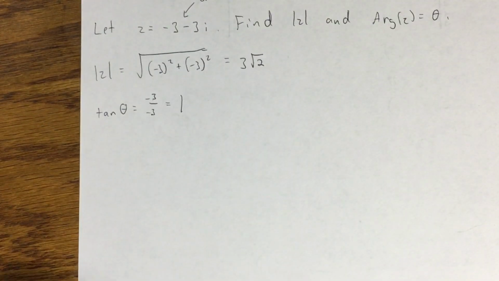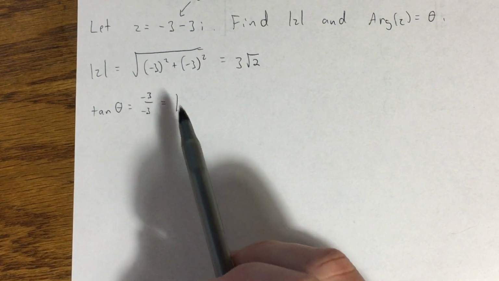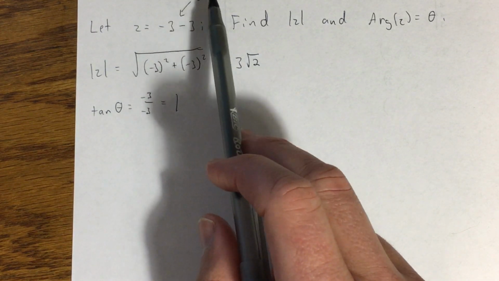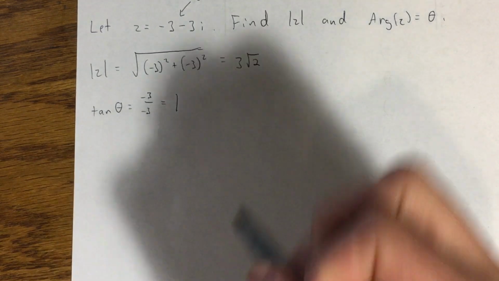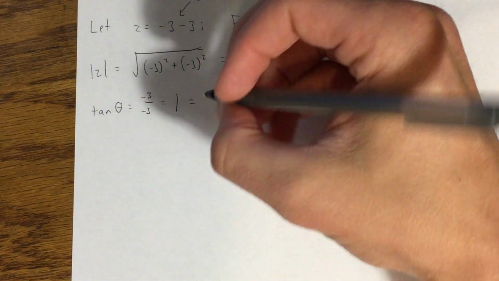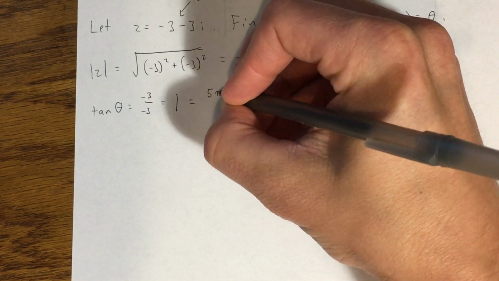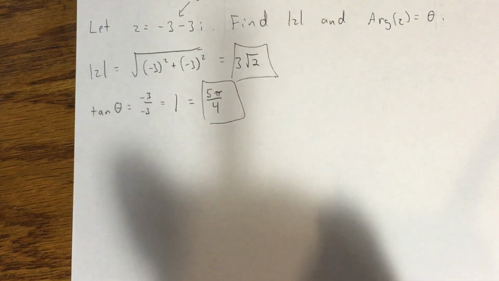Both x and y, or the real and imaginary parts, are negative here. So that being the case, pi over 4 is not correct. We've seen that if we're in the wrong quadrant when taking an inverse tangent like this, you can add pi to your answer. So this would be equal to pi plus pi over 4, which is 5 pi over 4. And that gives me my magnitude and my argument.